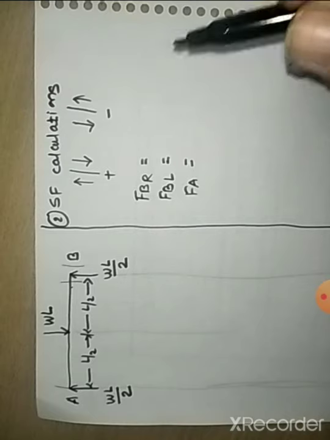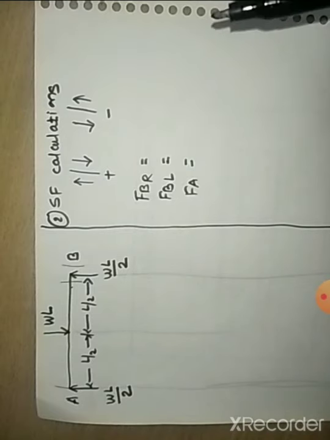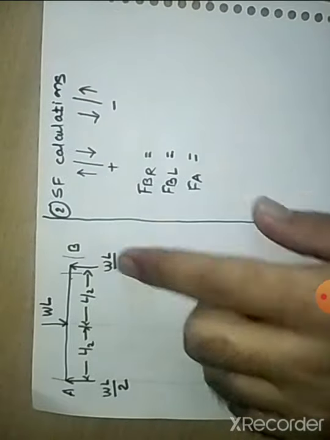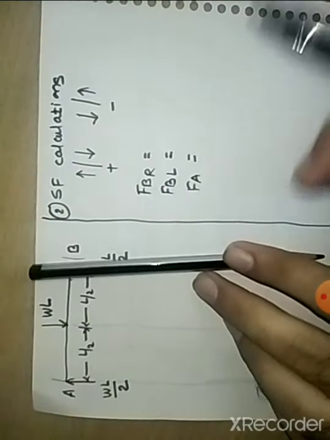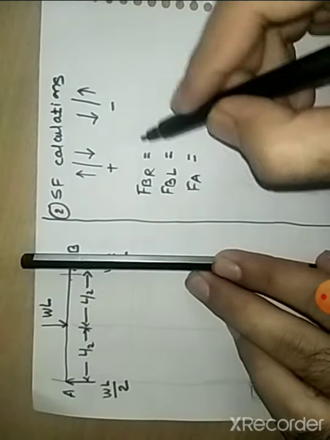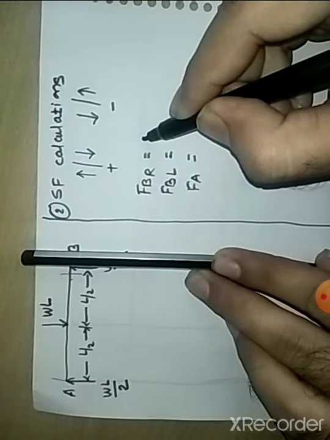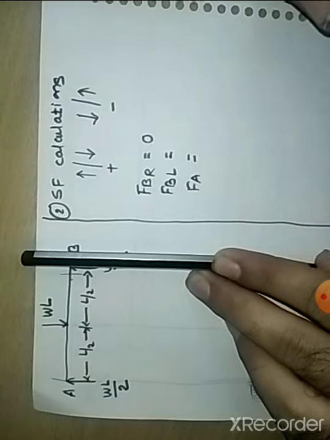Okay. So FBR, how much is FBR? There is no force at the right side of B. So it is 0.